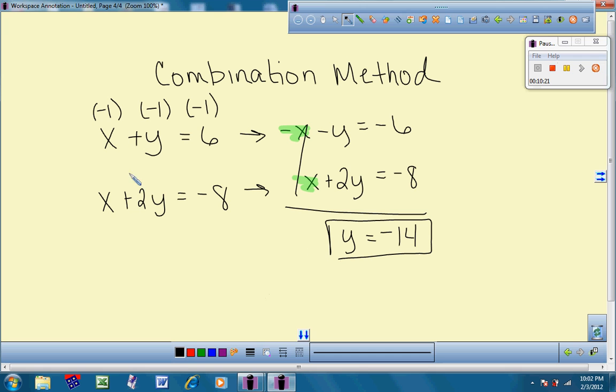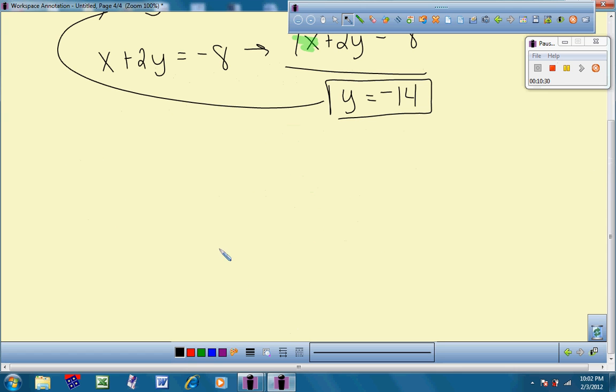Take y, plug it back into one of your two original equations, you choose, but I'm going to go for the easiest, which was x plus y equals 6. We now know y is negative 14, so x minus 14 equals 6.